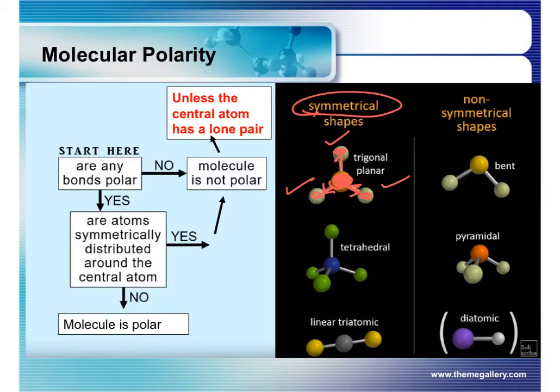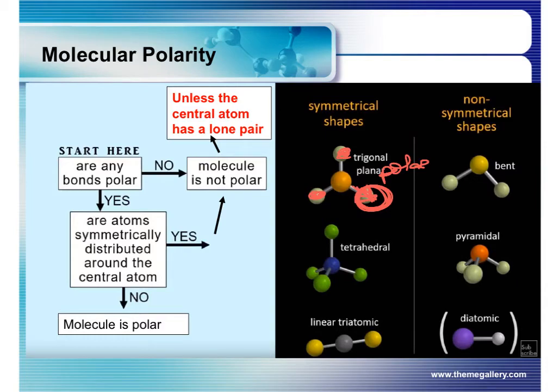Now, just to give you an example of what asymmetry would be, what if one of the people on the outside of me was larger than the others and could pull with much stronger force than these little guys? This molecule would then be polar. So if any one of the outside atoms is different than the others, then it's going to end up with a net dipole.